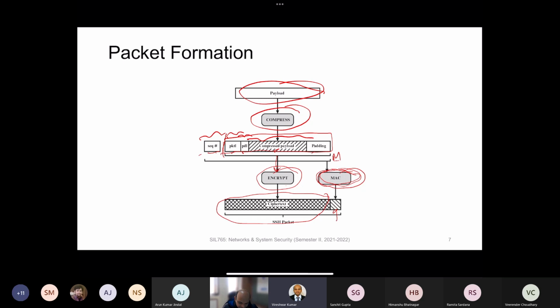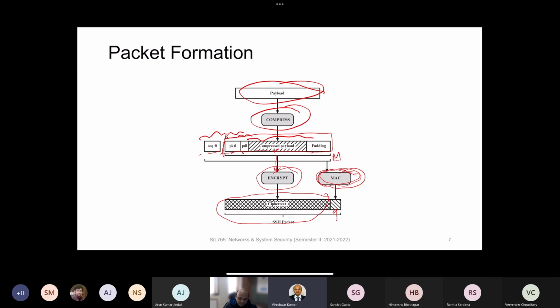Okay, any questions related to what is happening here? Okay, I said that we would not like to encrypt the sequence number. Can somebody tell me why it should not be encrypted?